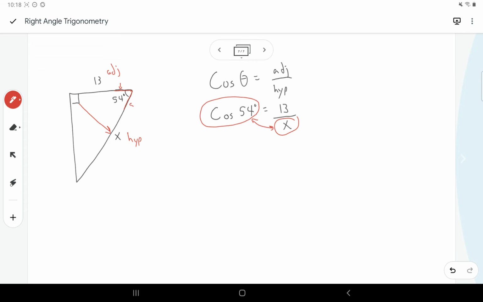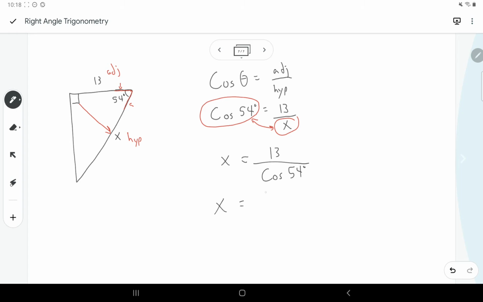So this time we're just switching them around, and we'll just take the result here, which is that x equals 13 over cosine of 54. Now remember, we're not just switching the 54, we're not just switching the cosine, we're switching the whole thing, cosine of 54. Once we're here, we can just solve everything since everything on the right is solvable.